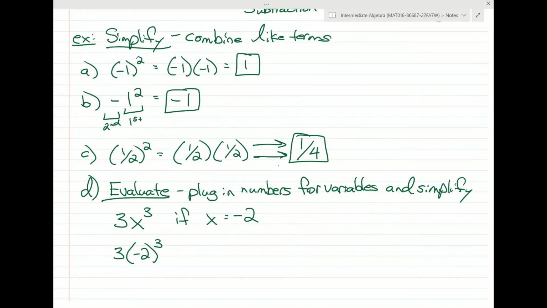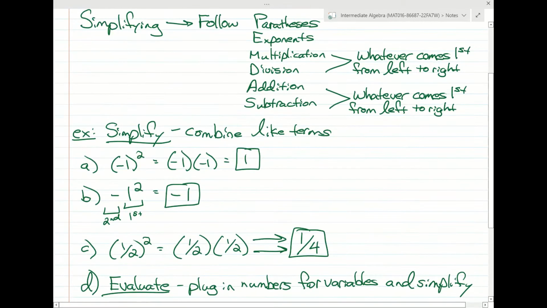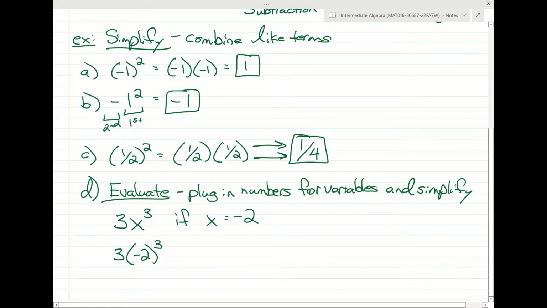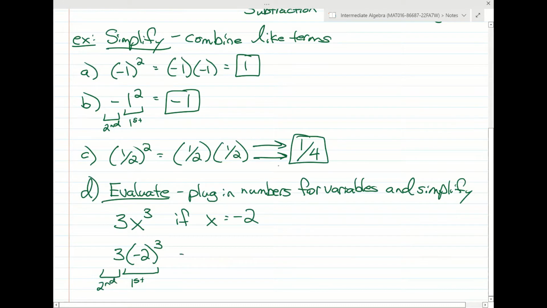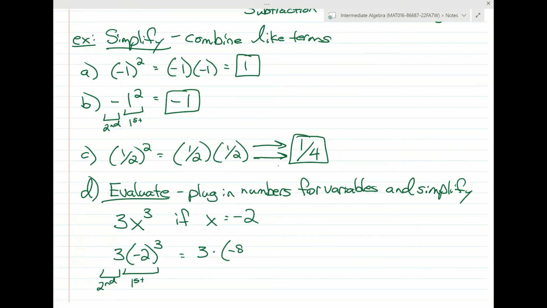So if you remember the PEMDAS that we talked about earlier, we want to make sure that we do the exponents first. So we're going to do this part first. Then we're going to multiply by 3. So this would be 3 times negative 2 to the third is negative 8, which is negative 24.